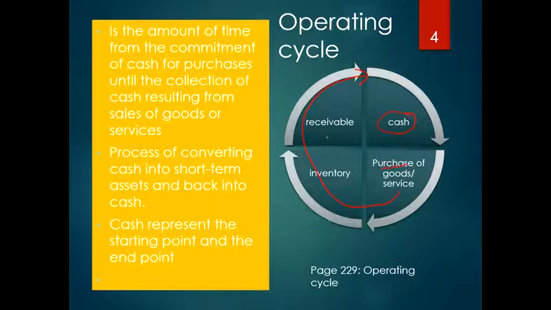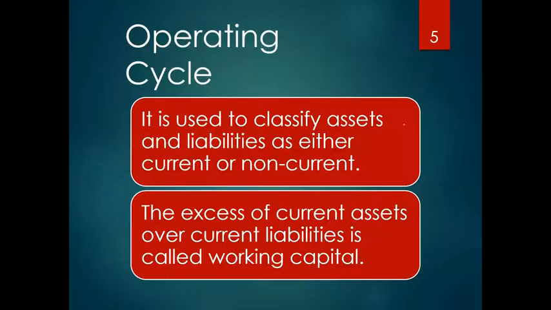This operating cycle is a process of converting cash into short-term assets and back into cash. So cash represents the starting point and the end point. So operating cycle is used to classify assets and liabilities as either current or non-current.